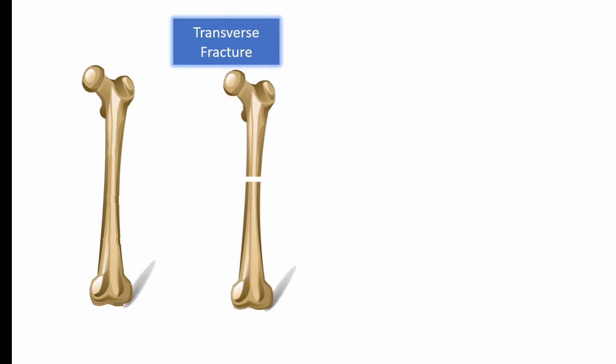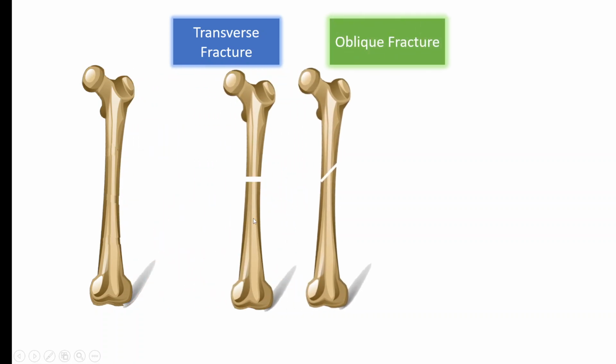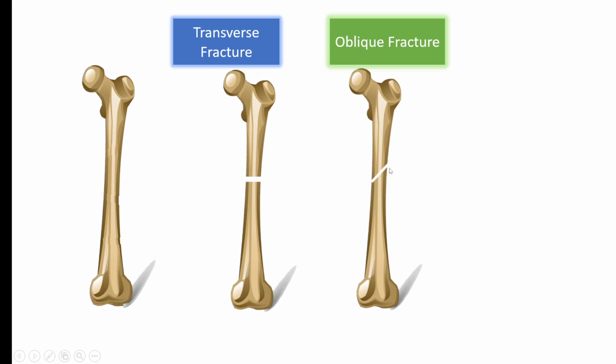So transverse fracture, you can see in the picture, the transverse fracture is perpendicular to the long axis of the bone. In the oblique fracture, there is a fracture line which makes an angle with the longitudinal axis of the bone.